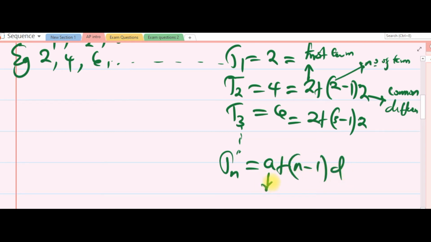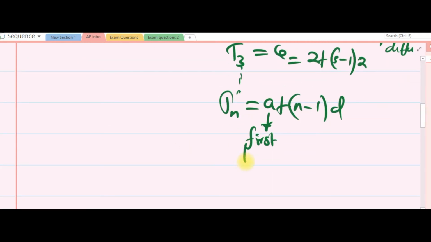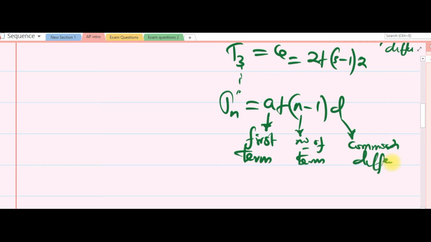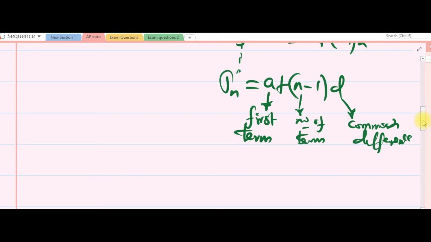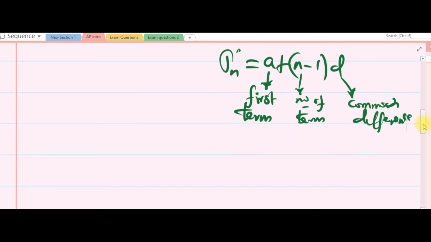Some will use T subscript 1, but A is the first term, n is the number of the term, and d is the common difference. So once you know the first term, the particular term, and the common difference, you can get the term you are looking for.